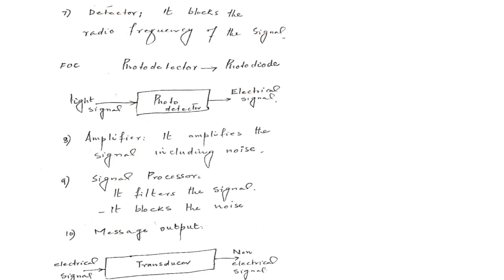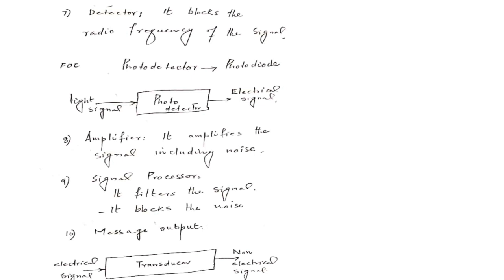Then we talk about the last or the final minor block of this communication system, which is the message output. Once again, it's a transducer. And what is the function of this transducer? The function of this transducer is to convert the electrical signal into a non-electrical signal.